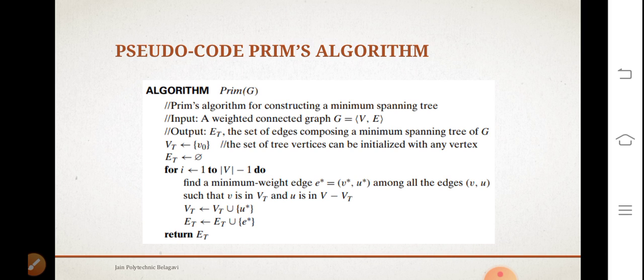Then for i equal to 1 to n minus 1, that is n minus 1 vertices, do this: find a minimum weight edge, that is e star equal to (v star, u star), among all the edges (v, u) such that v is in Vt and u is in V minus Vt. Vt is equal to Vt union u star, and Et is equal to Et union e star. Then finally return Et, that is the set of edges composing a minimum spanning tree of the given graph G.